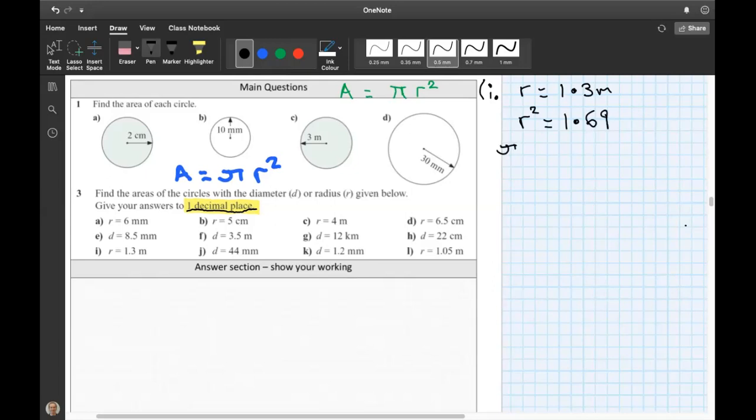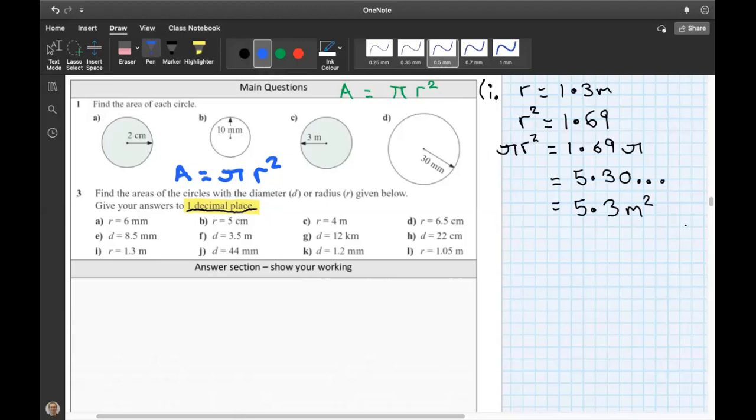So pi r squared will be 1.69 pi. Press the SD button on your calculator, and that will give you 5.30... Round that to 1 decimal place, and you get 5.3. Our dimensions for the radius were given in meters, so our area is going to be meters squared.